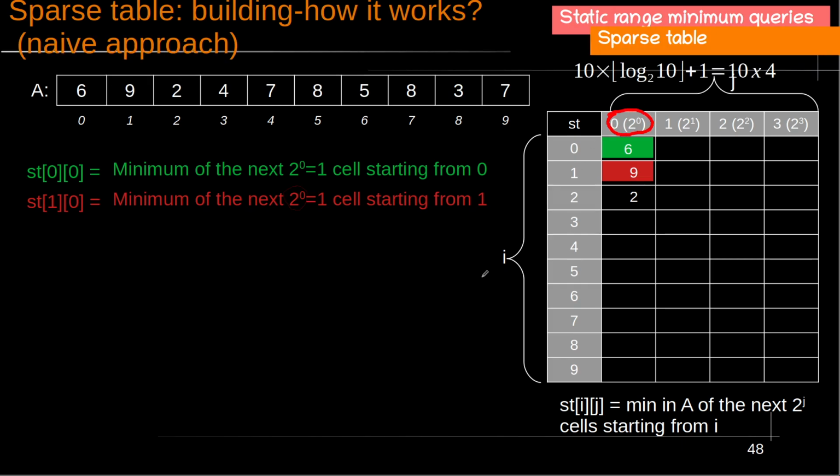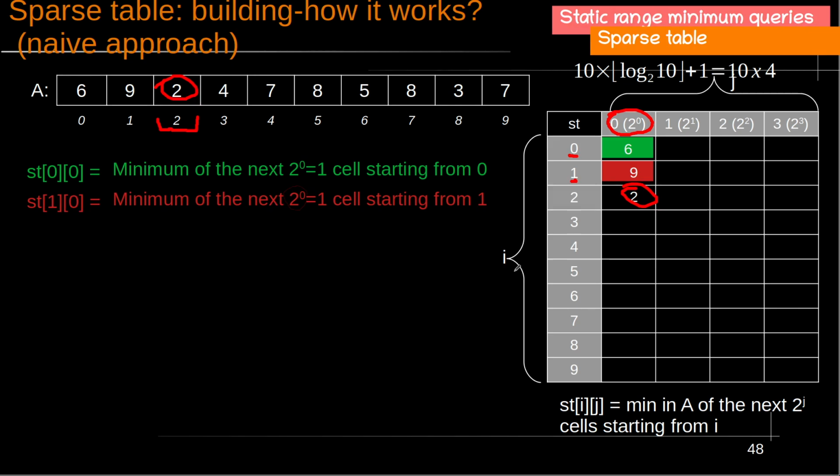This is the starting index in the original array. So from index 2, we're going to take one cell, which is the minimum here, which is 2.